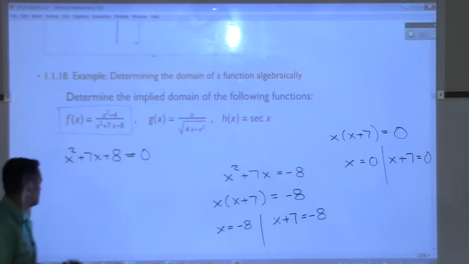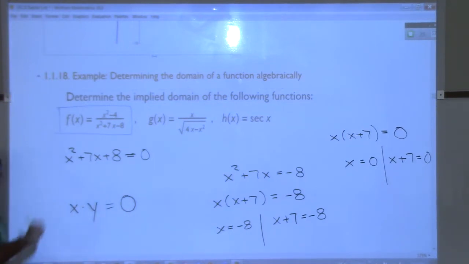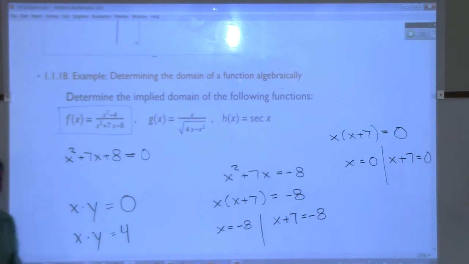Let me try and explain it this way. What if I tell you that I have two numbers, everyone, and they multiply to be 0? One of them has to be 0. There's no way you can make that work unless one of these is 0. Now, let me do it another way. What if I tell you two numbers multiply to be 4? Does one of them have to be 4?